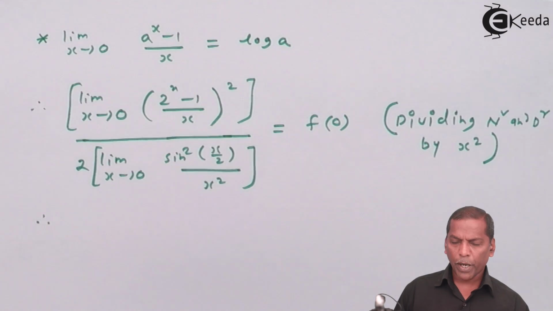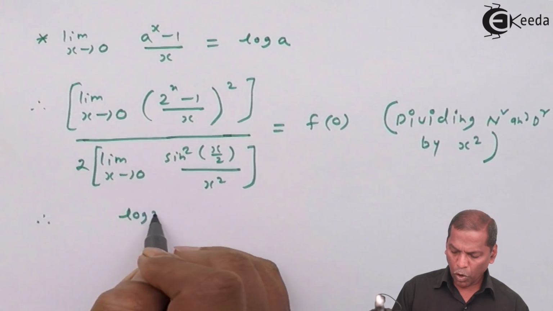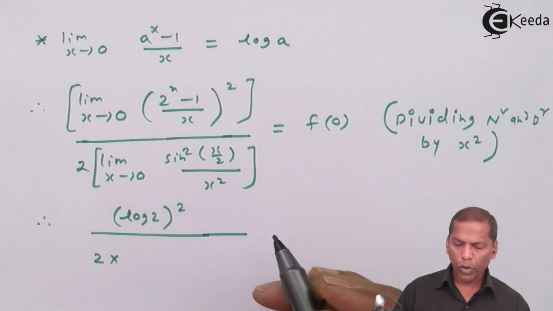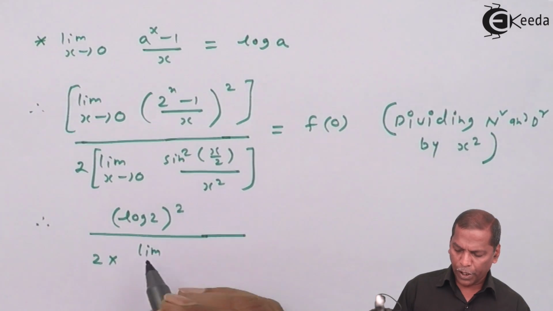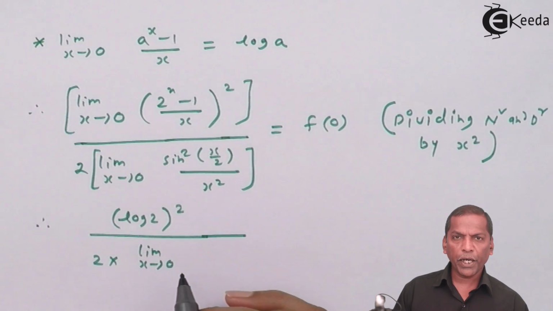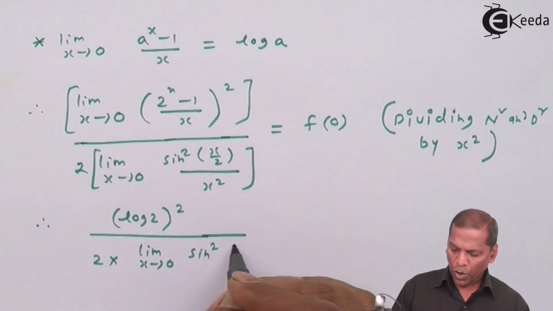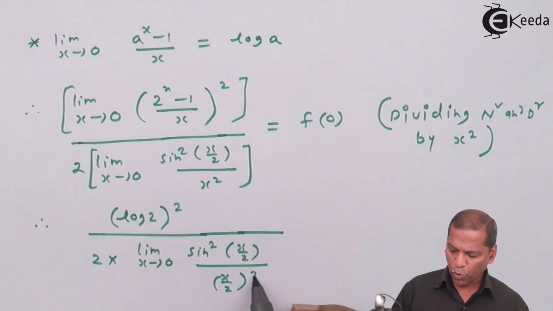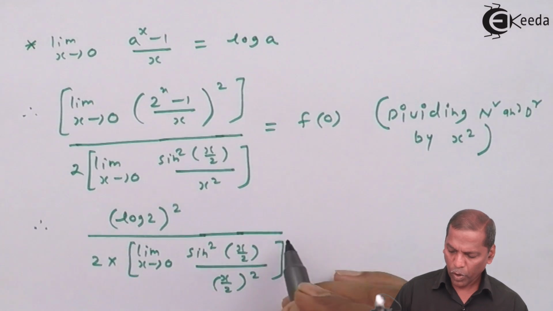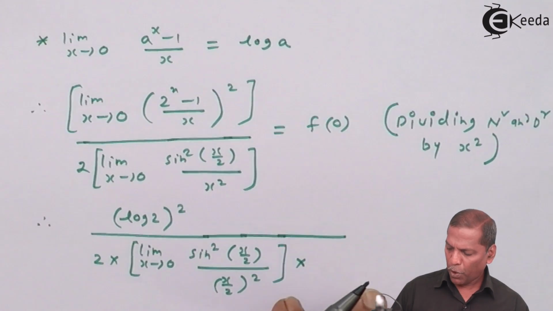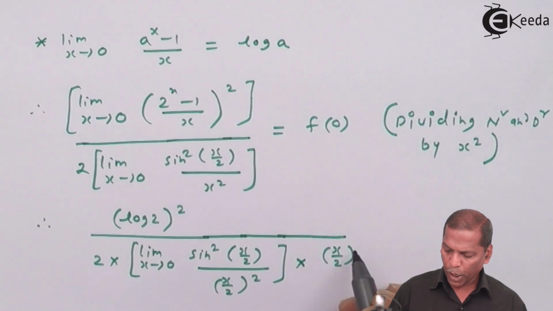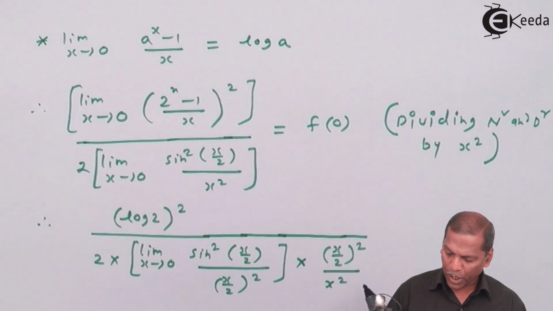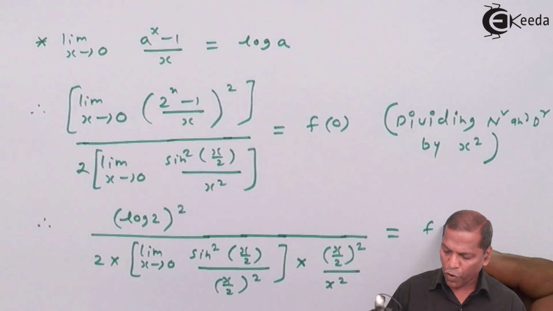Therefore, in the numerator we get (log of 2) the whole square, upon 2 into, in the denominator we rearrange the given limit as limit x tends to 0 of sin square (x by 2) upon (x by 2) the whole square, into (x by 2) the whole square upon the original term, that is x square, and that equals f of 0.